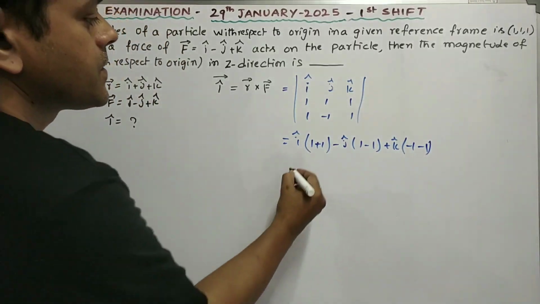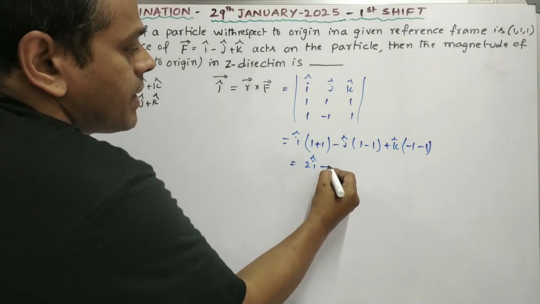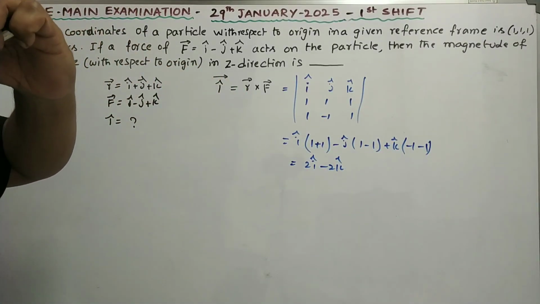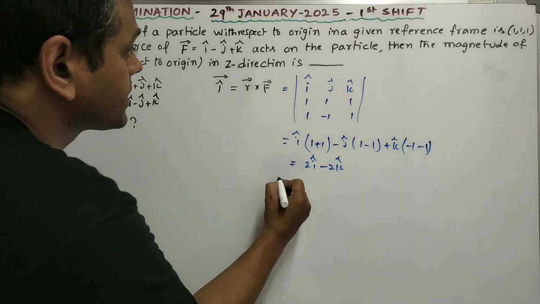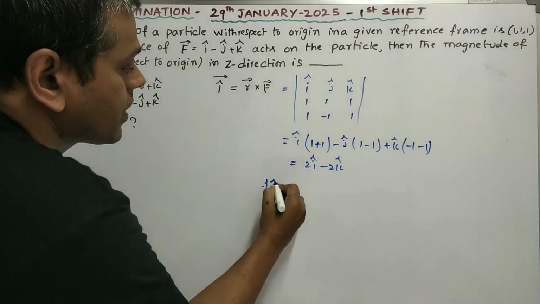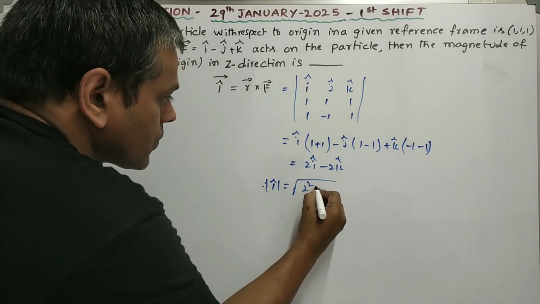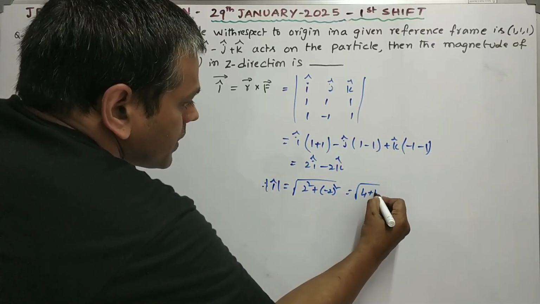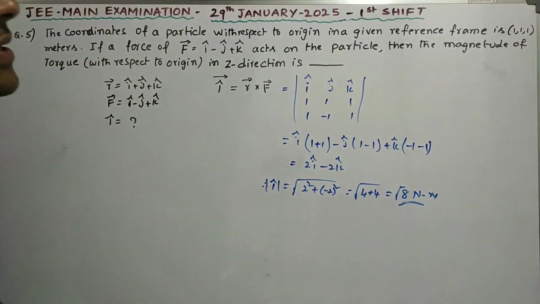So you get 2 i cap, 0, that means minus 2 k cap. Isn't it 2 i cap minus 2 k cap? Therefore the magnitude of torque tau is root over 2 square plus (minus 2) whole square, equal to root over 4 plus 4, root 8 newton meter. So this is the answer for this question.